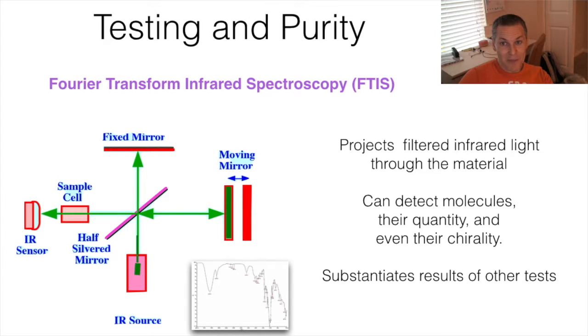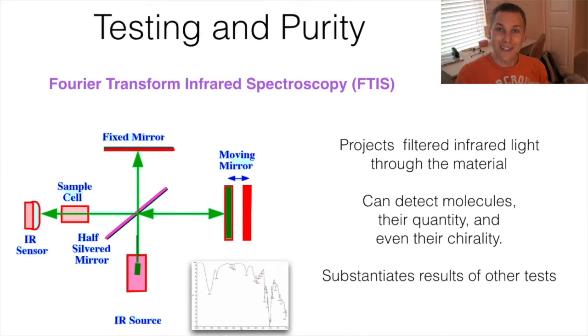One other test that might be run is a Fourier transform infrared spectroscopy, FTIR. This is similar to the gas chromatography and similar to the optic rotation. It gives data similar to the gas chromatography or GCMS test.